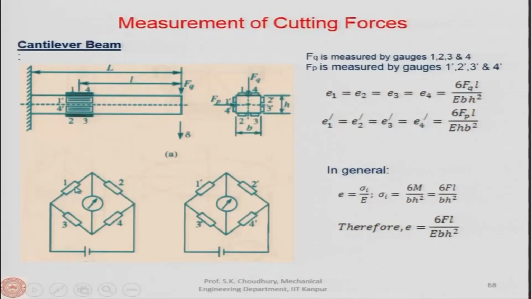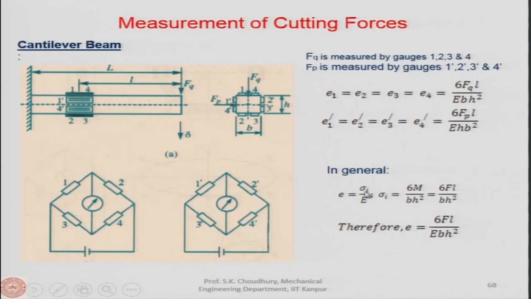So, E1, E2, E3 and E4 in this Wheatstone bridge will be equal to, by the general formula, sigma by E. The strain is the stress by modulus.